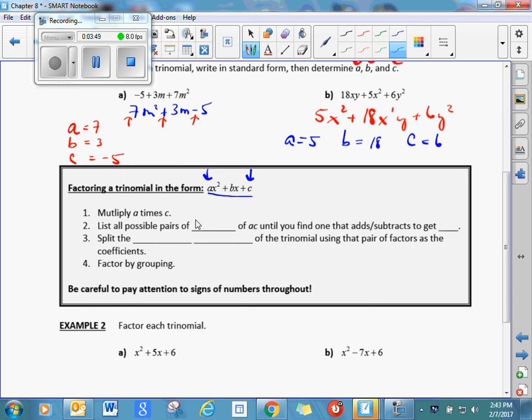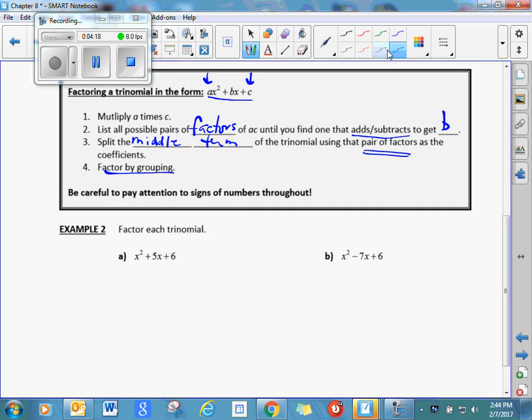And then you list all the pairs of factors of that product of AC until you find one that adds or subtracts to get the B value. Split the middle term. Just write this down. You'll understand it better when we do it. Split the middle term of the trinomial using that pair of factors, and then factor by grouping. Sounds like a lot. You'll get it.